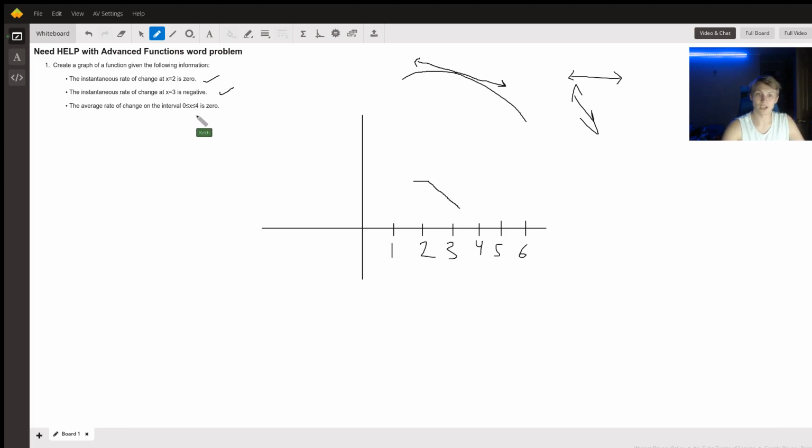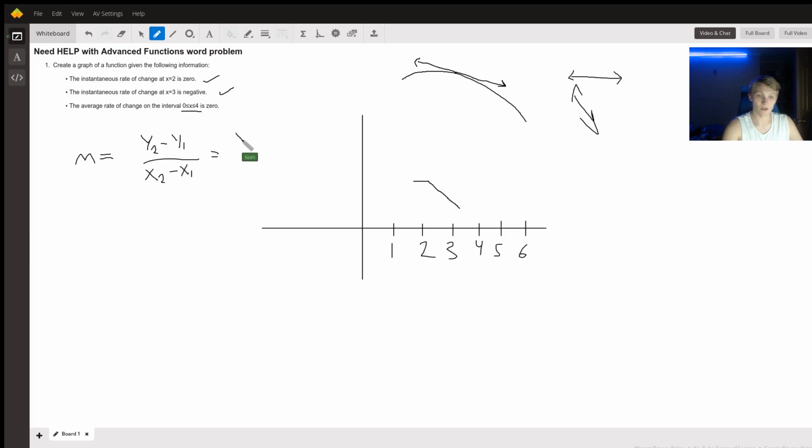The average rate of change is how far you've gone up or down compared to how far you've gone left or right, or slope, rise over run, right? So here's your slope formula, y2 minus y1 divided by x2 minus x1. We know what x2 and x1 are. They're given to us here.